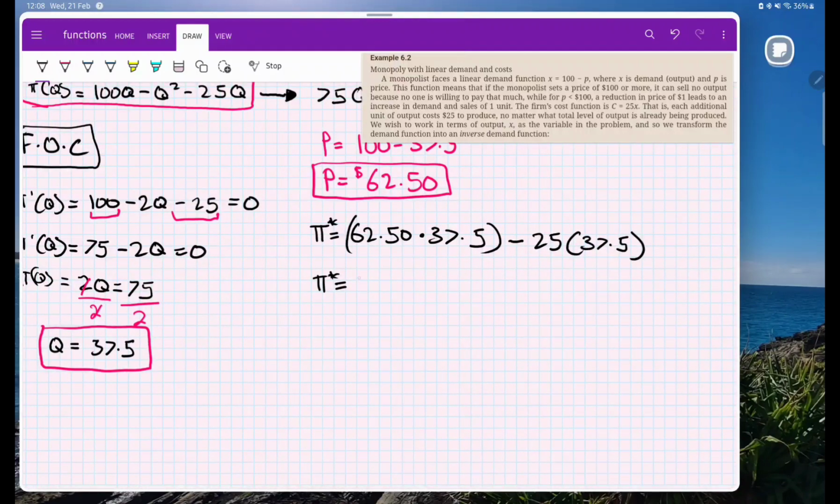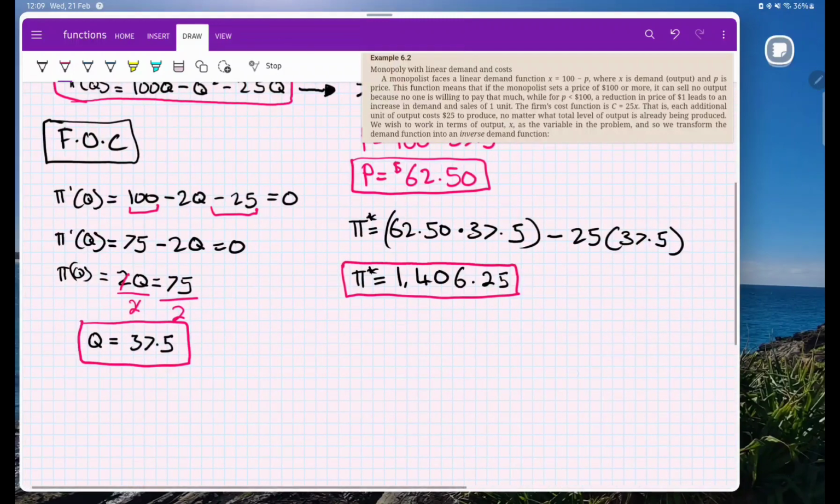And you will end up with $1,406.25. So that is your maximum profit.